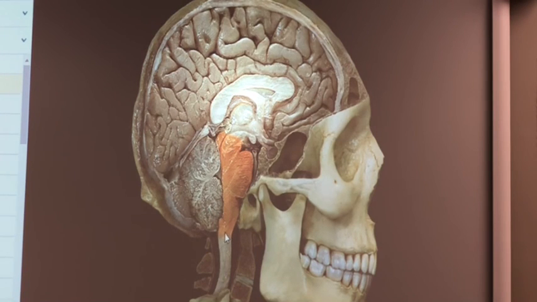So the entire brainstem here. Know structure and function. Midbrain, pons, medulla oblongata. There's the cerebellum. Boy, good look at the spinal cord. Zygomatic bone, cheekbone, maxilla, mandible.